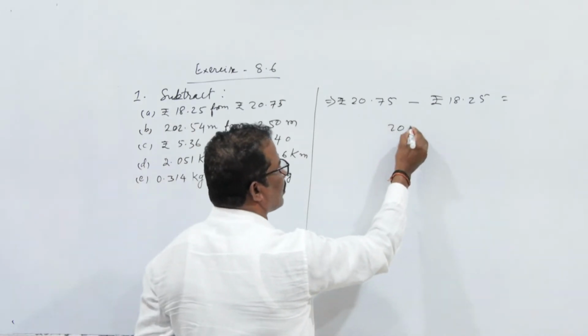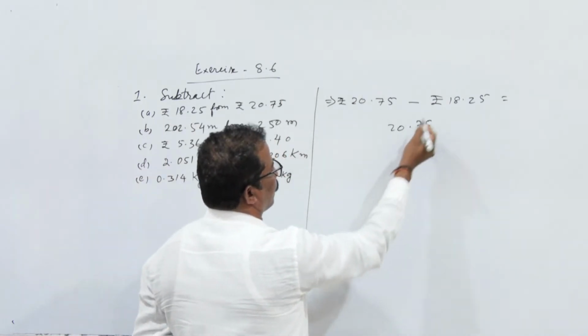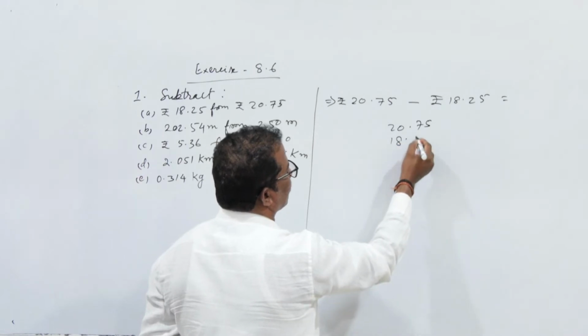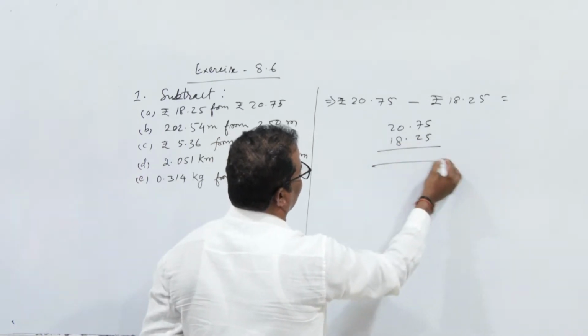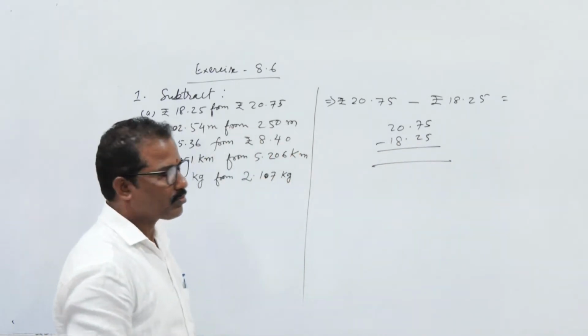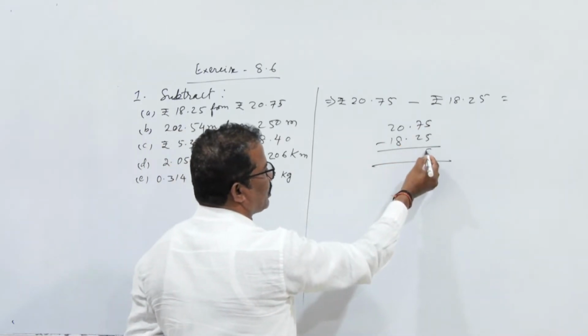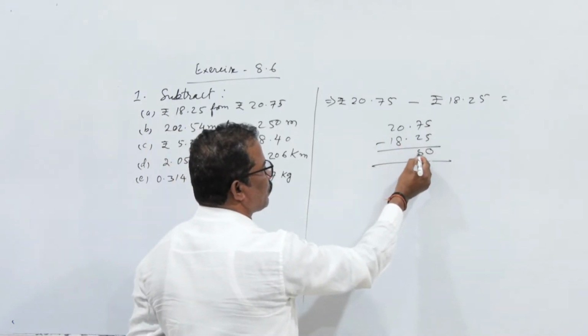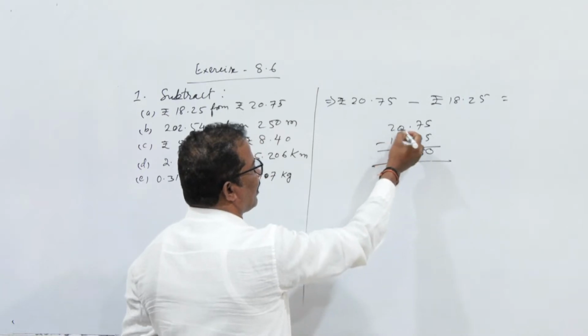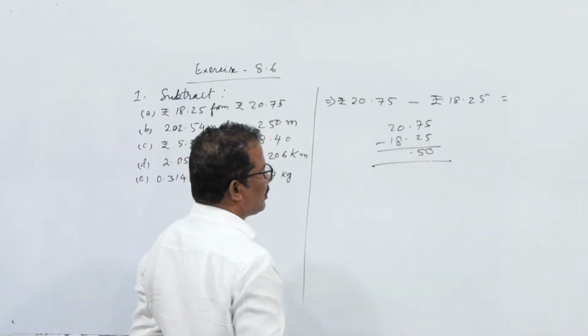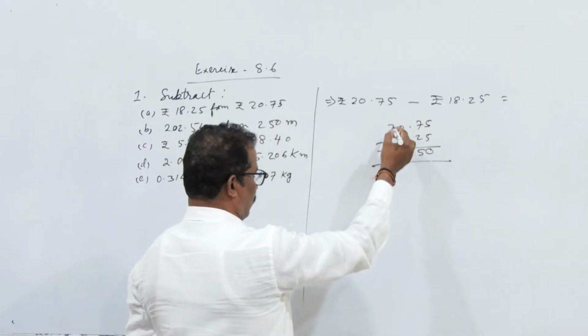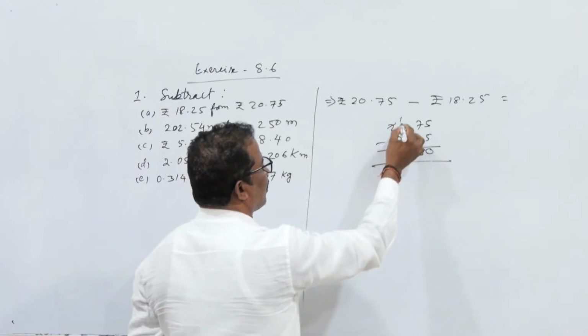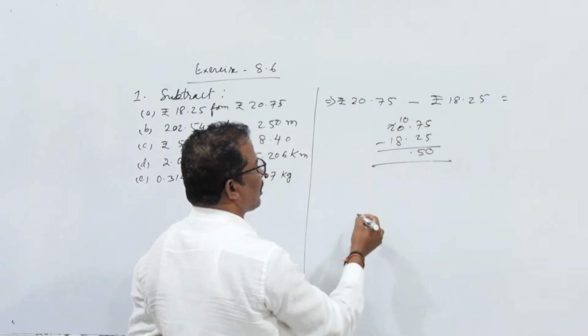So from the bigger one we have to subtract 18.25. And we know how to subtract. See, 5 minus 5 is 0, then 7 minus 2 is 5, then point here, and from 0, 8 cannot be subtracted, so we have to borrow from this 2. So 1 came here and this becomes 10.